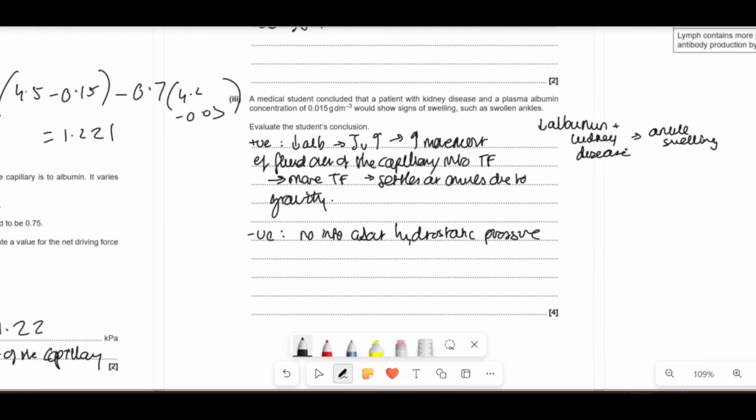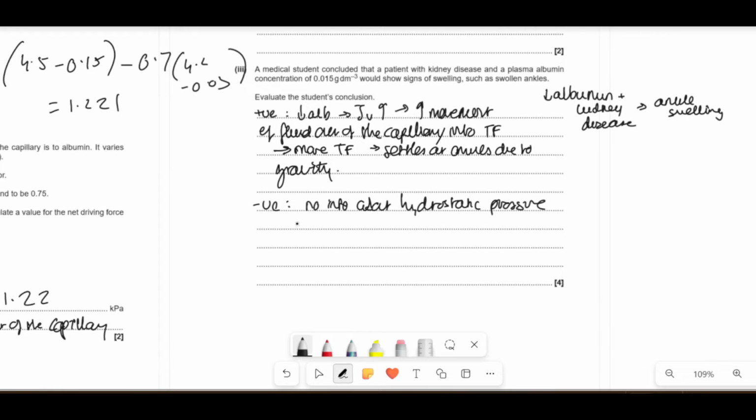Well, another problem is they're assuming kidney disease means ankle swelling. Well, how do we know that the fluid is not going somewhere else? So for example, kidney disease could mean too much water lost in urine, which could mean that you would have even less ankle swelling.